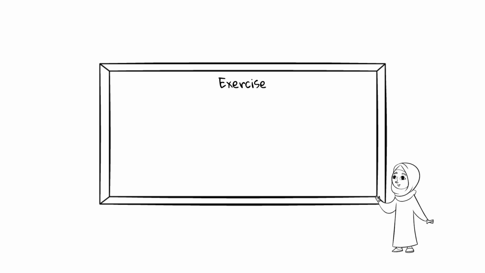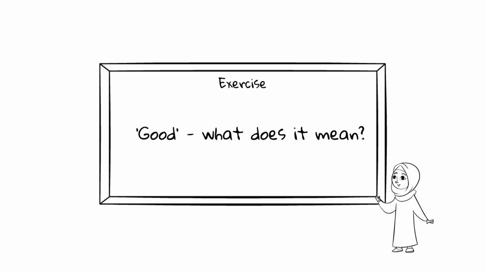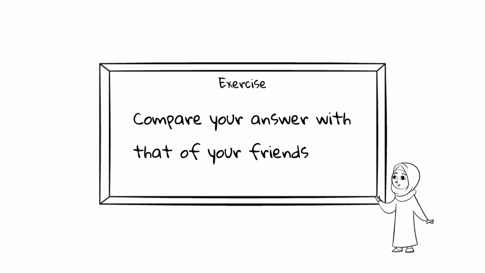So think of a word like good, and you and your friends can all sit down and write the different meanings of the word good. Do all of you write the same set of meanings for the word good? Or if somebody asked you what is good, are you using more and more words to describe it? Compare it and see how you understand the meaning of the word good.